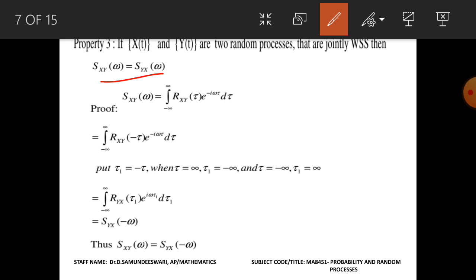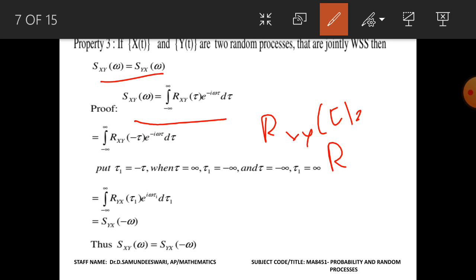First, what is Sxy of omega? It is equal to the integral from minus infinity to plus infinity of rxy of tau e power minus i omega tau d tau. In that I am going to replace tau by minus tau, because it is an even function, or rxy of tau equals ryx of minus tau.